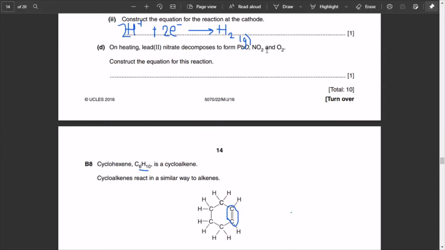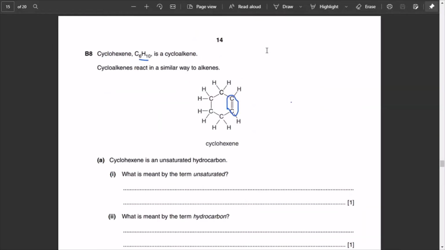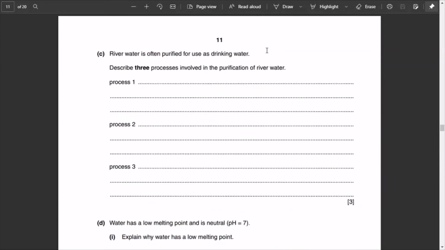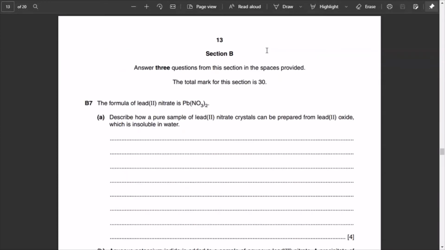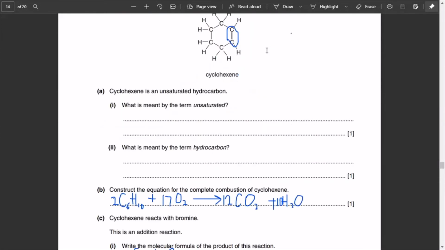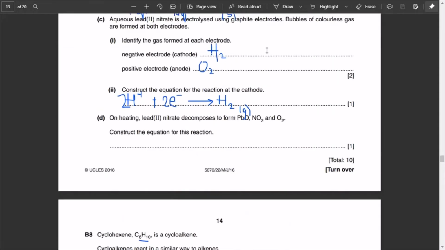Moving on to part D. On heating, lead(II) nitrate decomposes to form PbO, NO2 and O2. Construct the equation for this reaction.